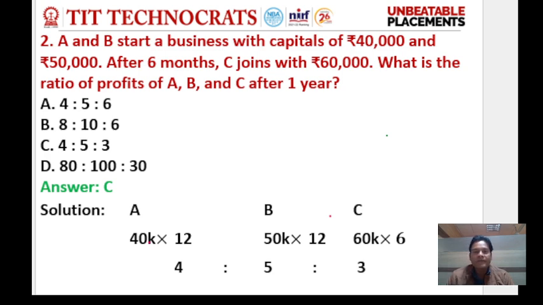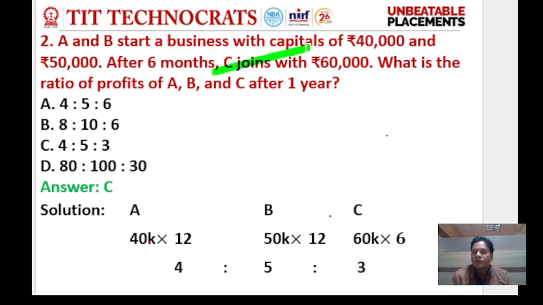And what is the ratio of the profit of A, B, and C after 1 year? Here it is mentioned that the business goes for 1 year. It means all partners are engaged for 1 year, but think about C. C is the partner who joined the business after 6 months.